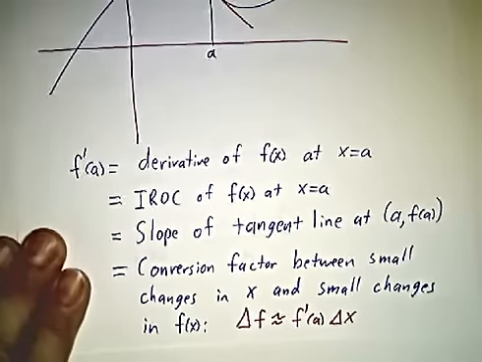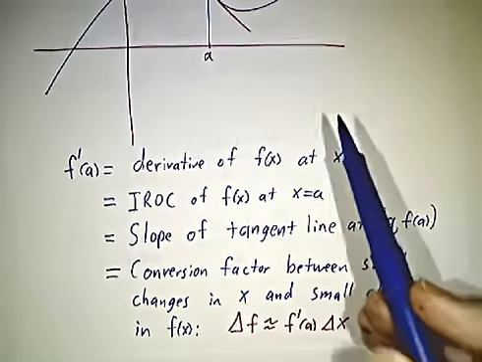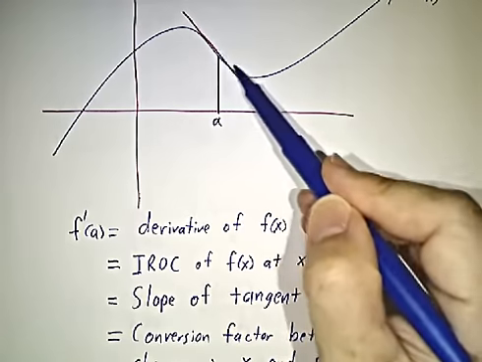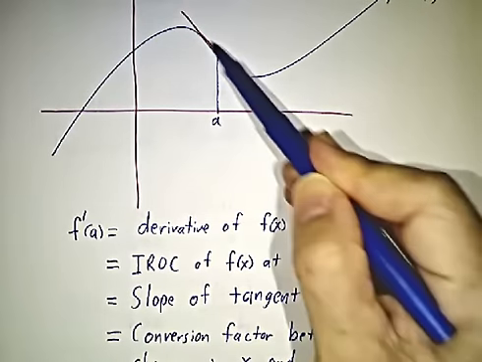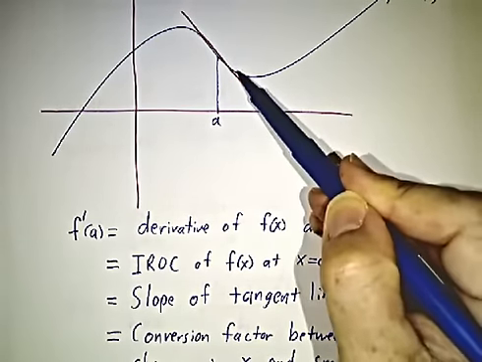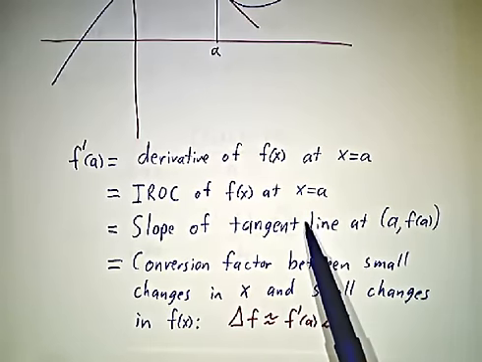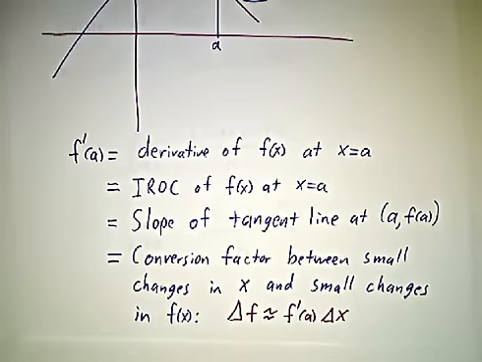If you increase x a little bit, how much are you going to change f? Well, roughly you're going to change it by the slope times the run. The rise is the slope times the run. As long as you stay close to a, you're going to stay close to the tangent line, and that's a pretty good approximation. So it was a rate of change, it was a slope, and it was a conversion factor. It's all three things.